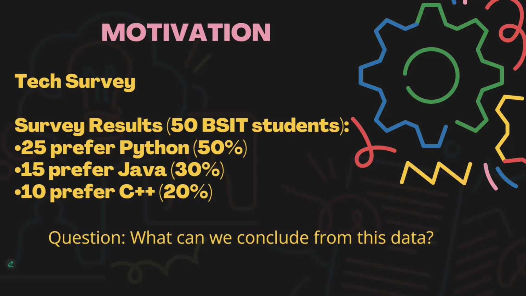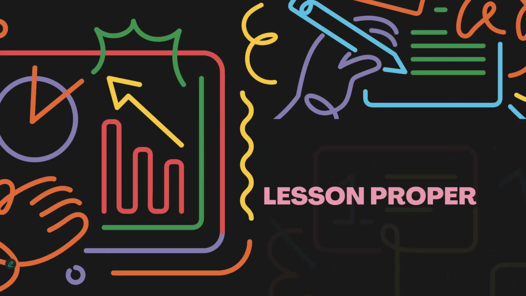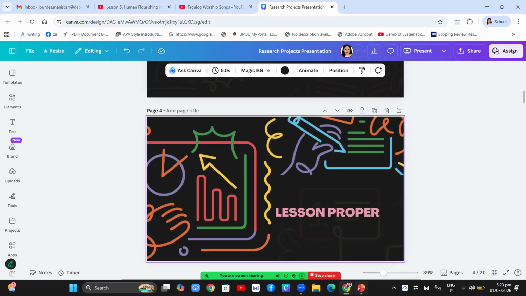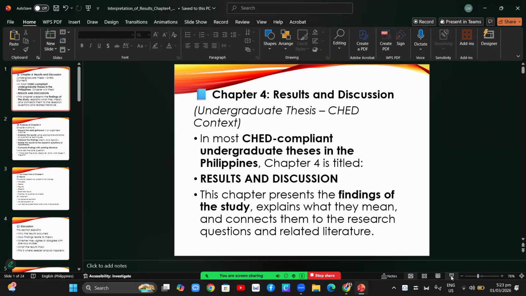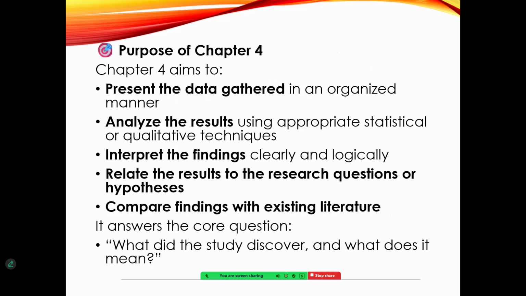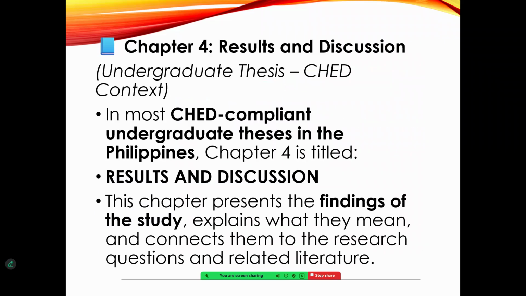That is already an interpretation, but in Chapter 4, we need to write it formally and connect it to our research questions. Now let's have the lesson proper. Chapter 4 is the results and discussion following the undergraduate thesis by CHED context.